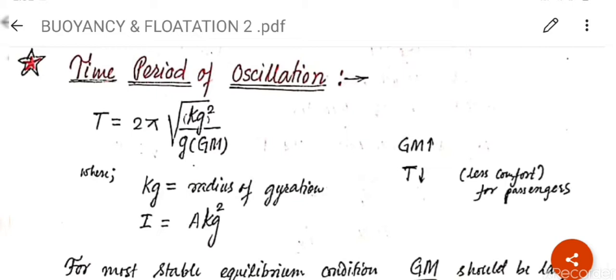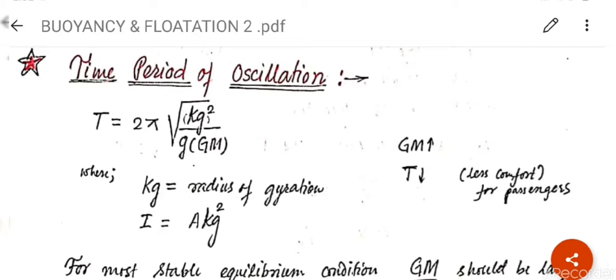I is equal to A into KG square. GM is the distance between center of gravity and metacenter.